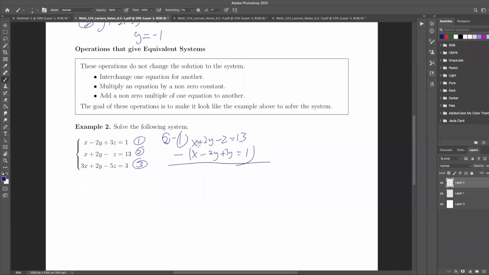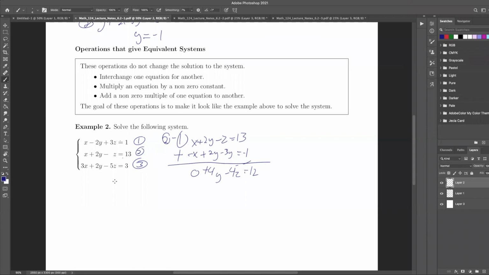Let's just move in the negative sign to make our lives easier. So it's minus x plus 2y minus 3z minus 1. Here I'm taking equation 2 and adding to it the negative of equation 1. So I get 0, which is my desired goal, plus 4y minus 4z equals 12.